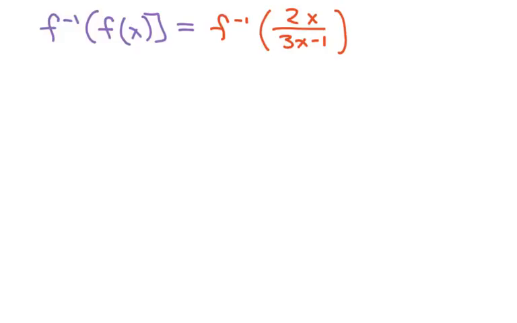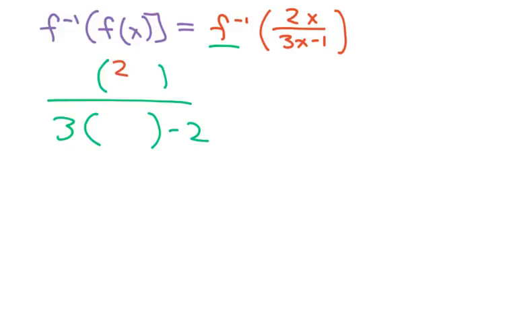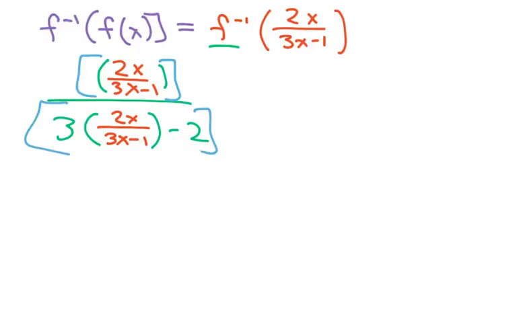Therefore, my f inverse is x over 3x minus 2, and we're inputting 2x over 3x minus 1. And then we're going to multiply the numerator and the denominator. I'll put that in fraction form.